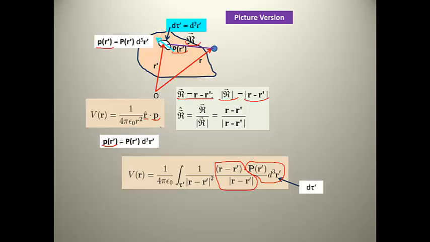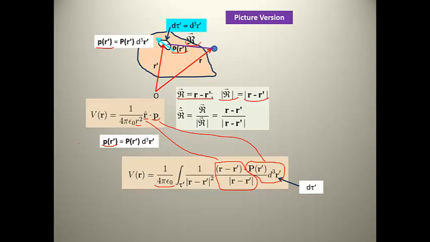So we have r hat here, we have p here, and so that'll get us to the potential if we divide by r squared. Well, 1 over r squared is shown right here. This is the magnitude of r, and that's what we have here. So 1 over r squared gives us the potential. Of course, we multiply by 1 over 4 pi epsilon naught, which is right here in the equation.